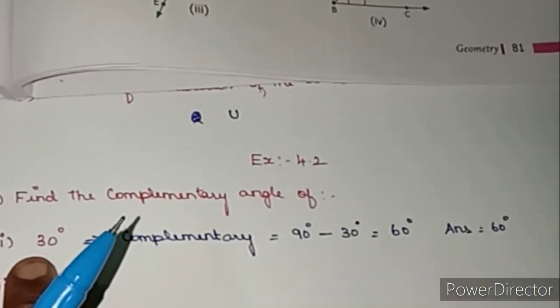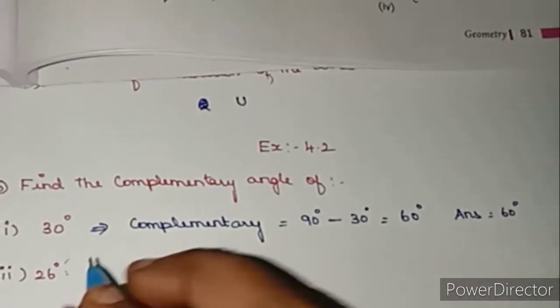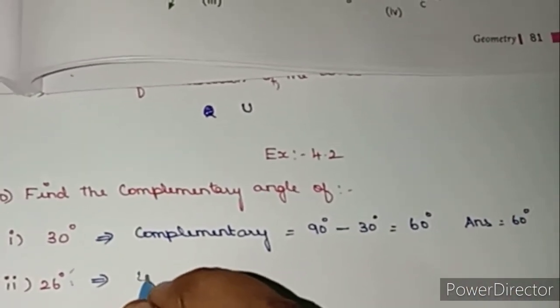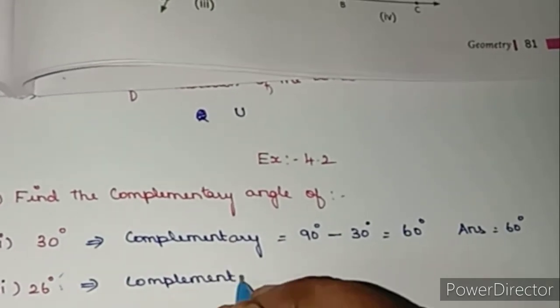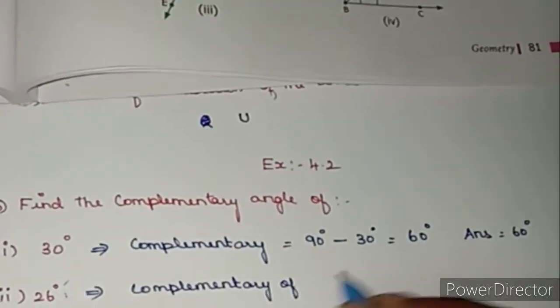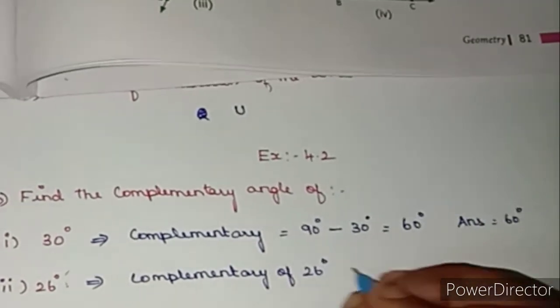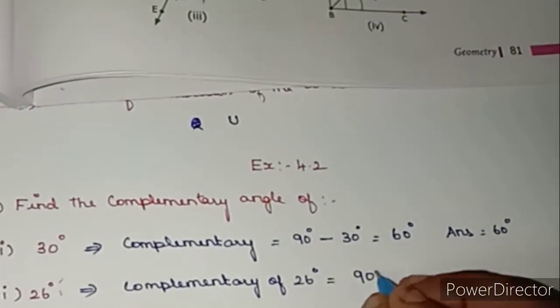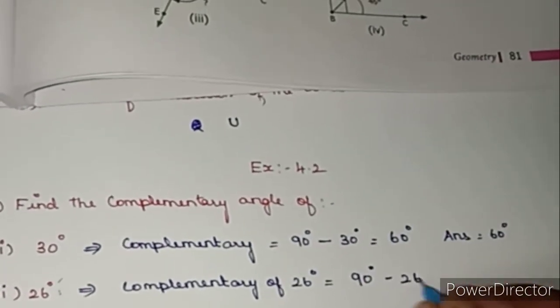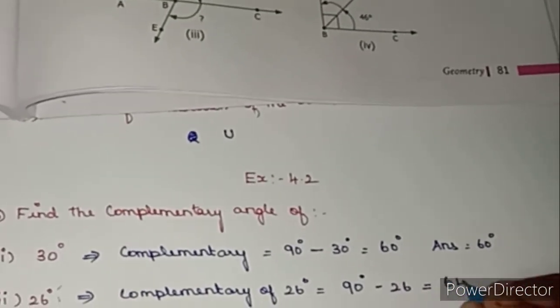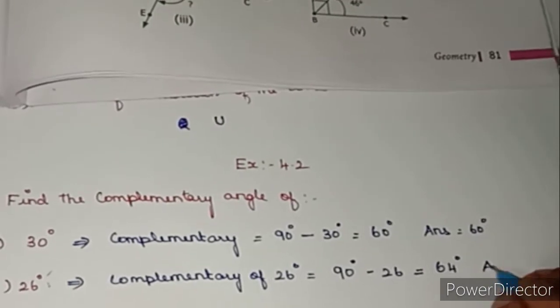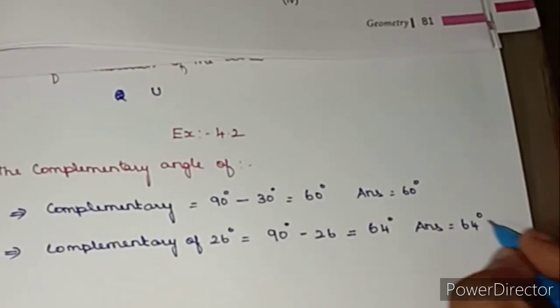So complementary of 30 degree is 60 degree. Next, complementary of 26 degree is equal to 90 degree minus 26. It is 64 degree. So the answer is 64 degree. We'll continue with the next sum.